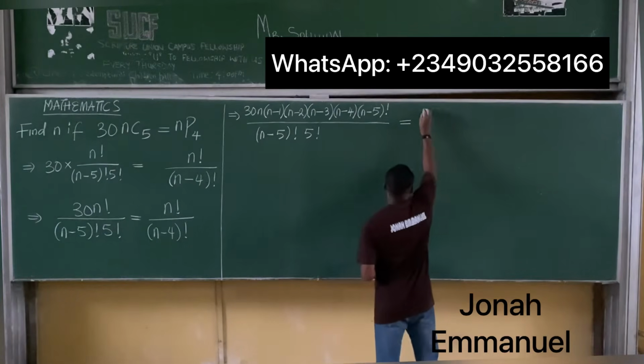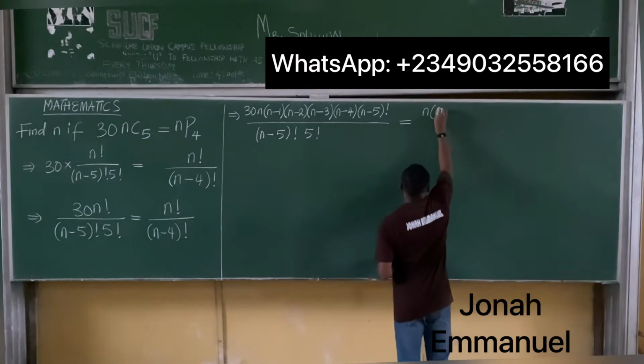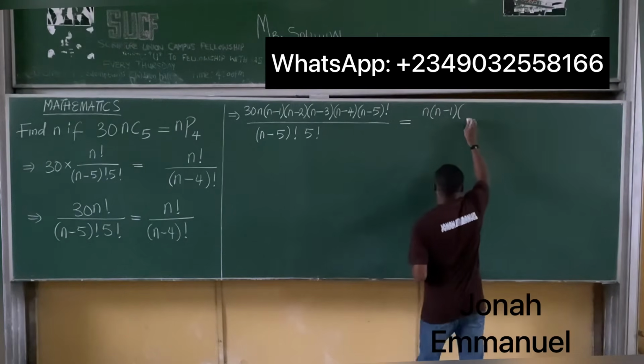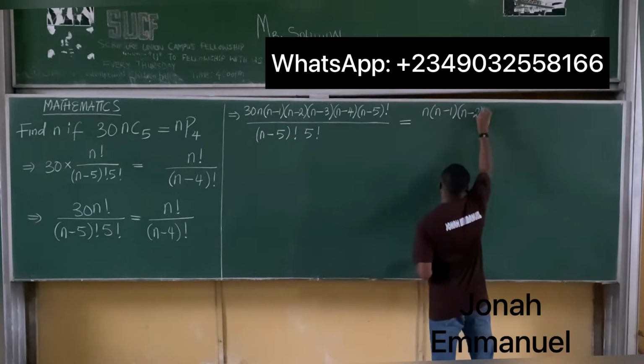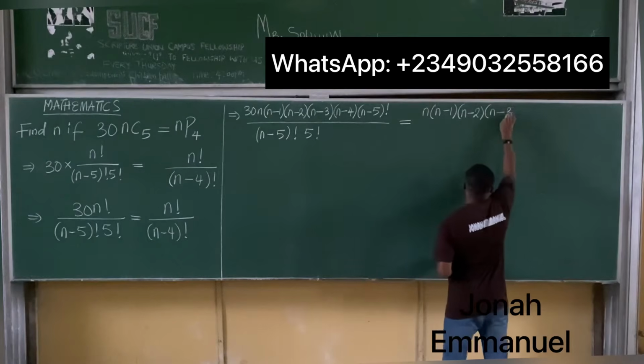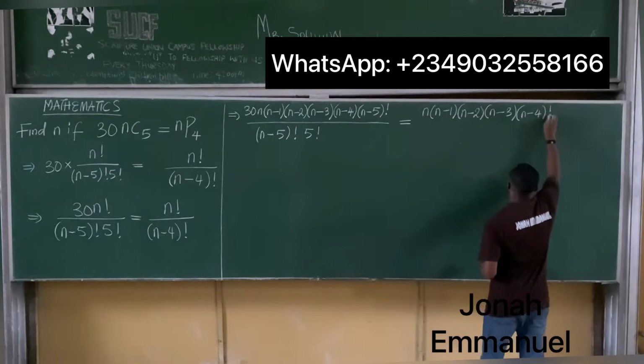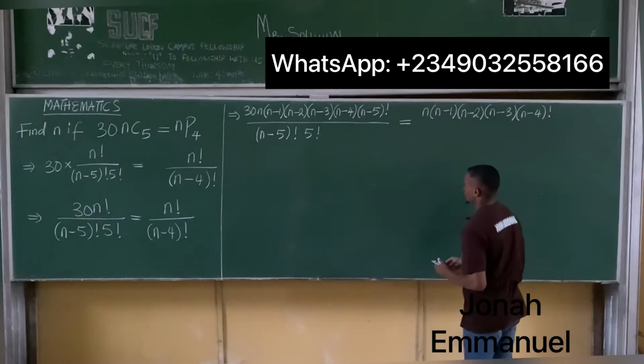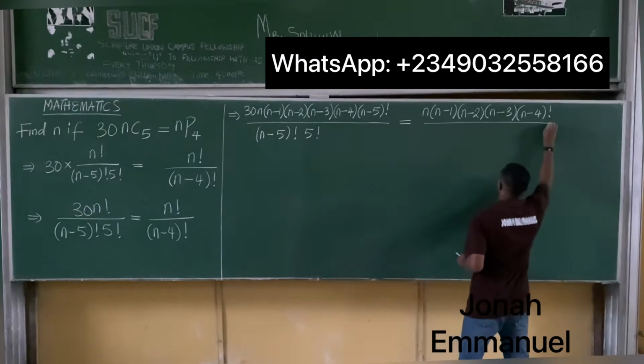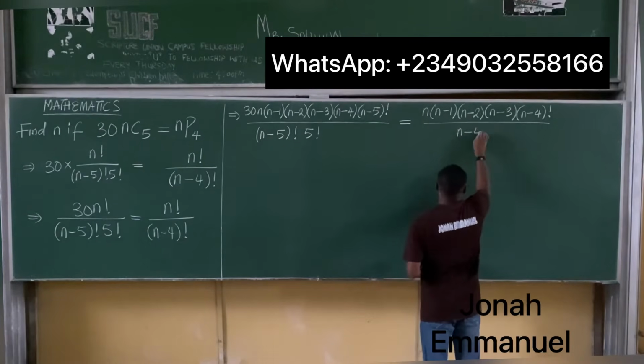That will be equal to n, remove 1, I have n minus 1, just continue going backwards, n minus 2, and then n minus 3, then finally n minus 4 factorial. I have this one here, all over n minus 4 factorial.